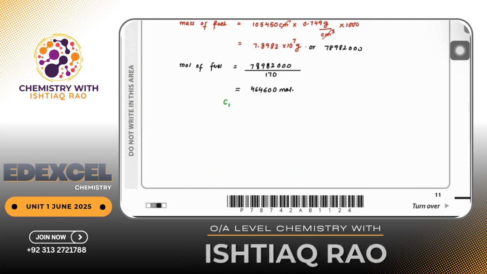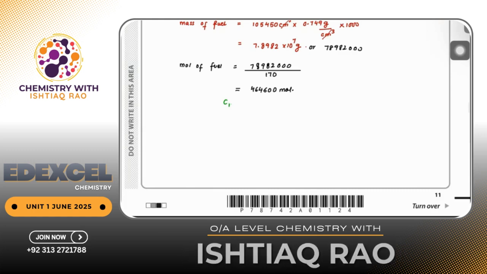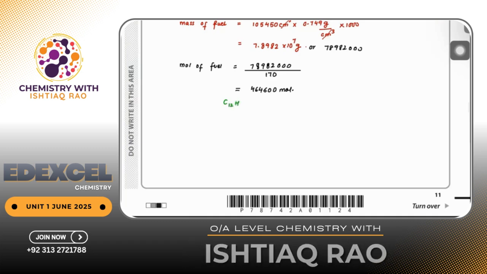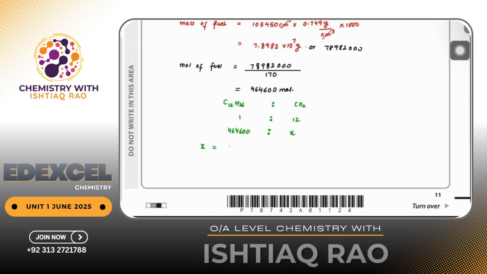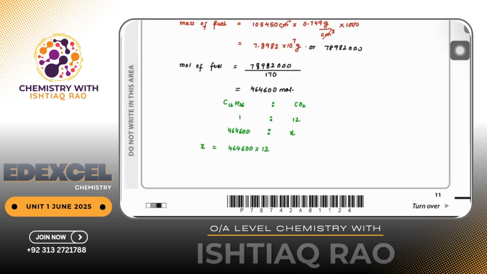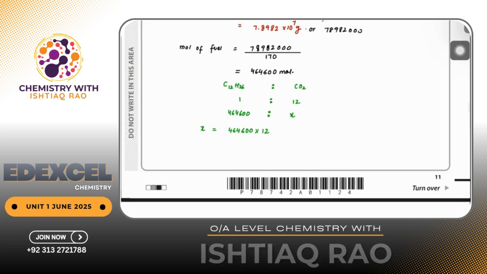If I got the mole for the kerosene, that would be X. So X would be equal to 464,600 multiplied by 12. So I would be getting the mole of carbon dioxide, that's going to be 5,575,200. This is the mole of CO2.